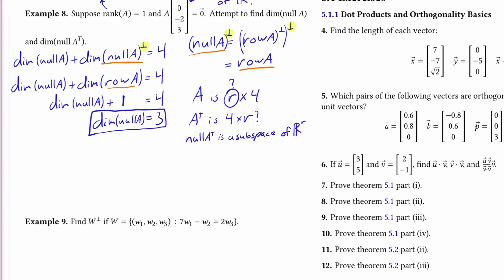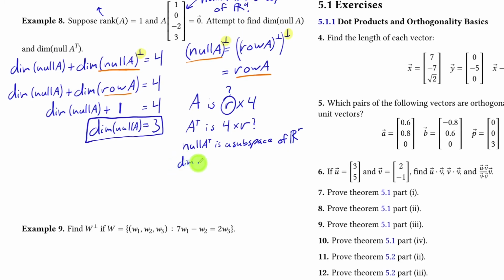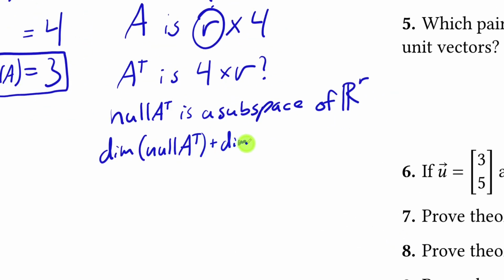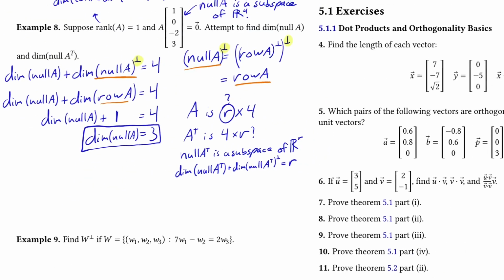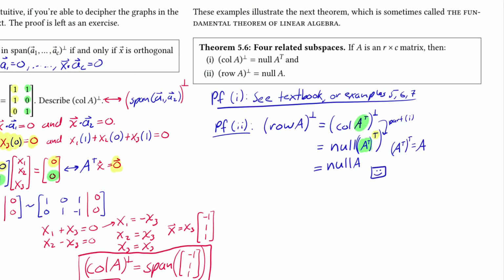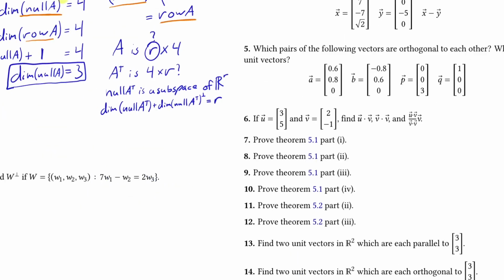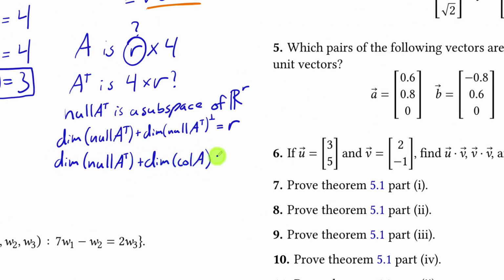So we can say that the dimension of the null space of A transpose plus the dimension of the null space of A transpose's orthogonal complement adds up to R, but the null space of A transpose's orthogonal complement, like we just did before, is going to turn out to just be equal to the column space of A. But we still don't know what R is.